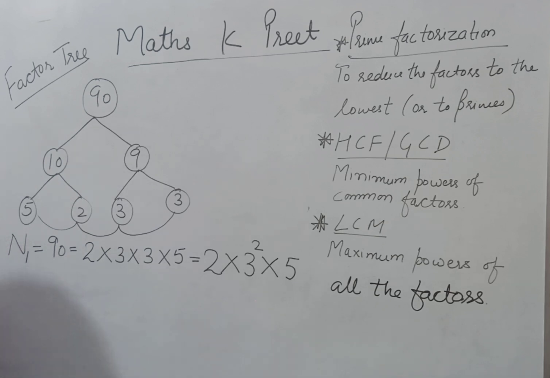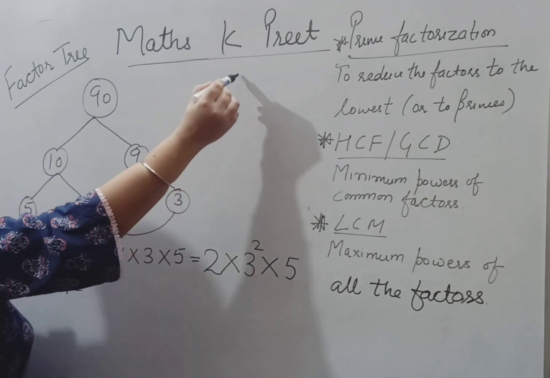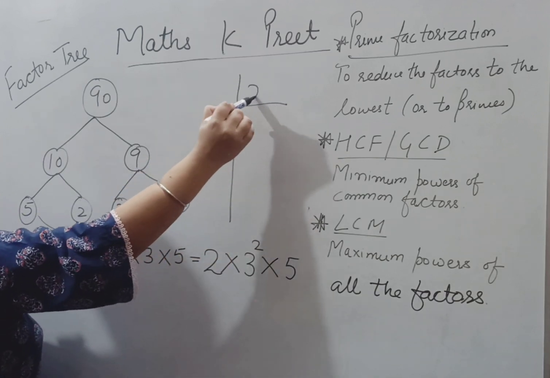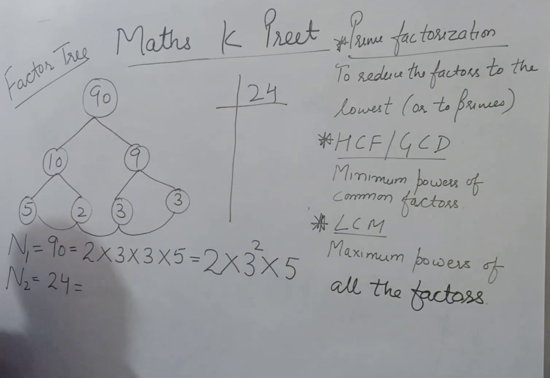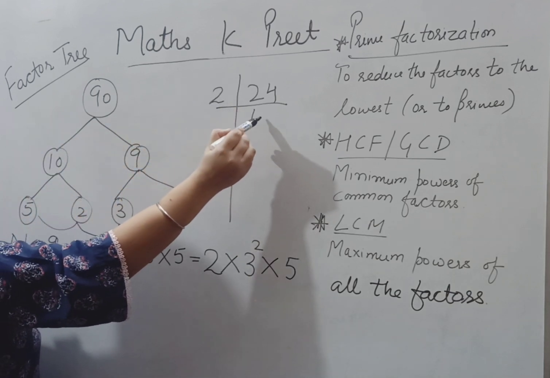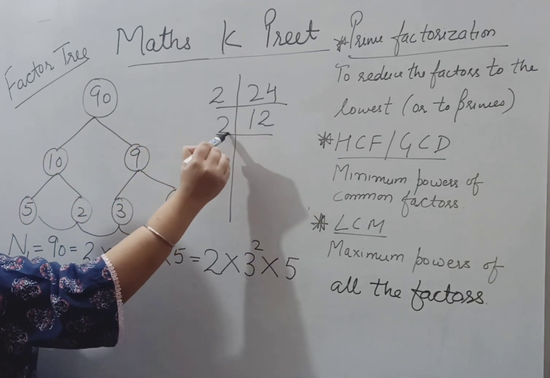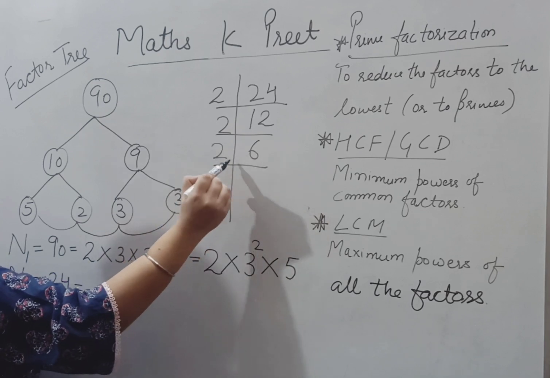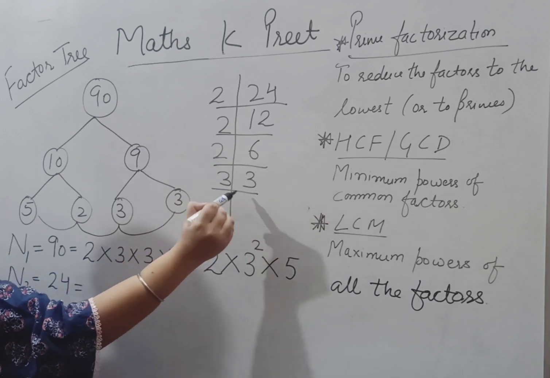The second method is called the division method. Let's take another number, say n2, as 24. We will perform the division method here. It will go 2 into 24 is 12, 2 into 12 is 6, 2 into 6 is 3, 3 into 3 is 1.